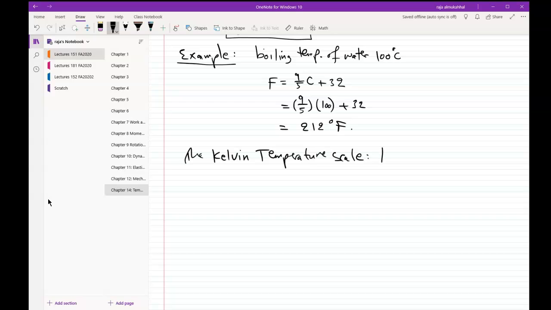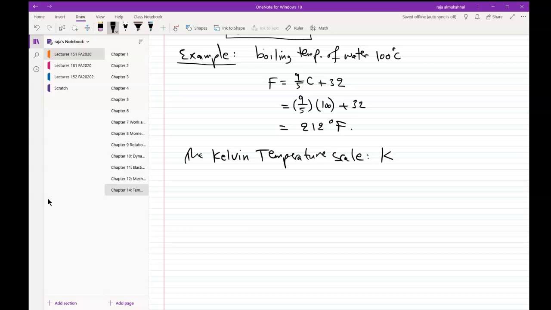It has the symbol K, capital letter K, and you are converting Celsius into Kelvin, okay? Not Fahrenheit into Kelvin. You're always converting Celsius into Kelvin. If you're given a Fahrenheit, the first step is to convert it to Celsius, and then you convert it to Kelvin. There is a direct way to convert Fahrenheit to Kelvin, but that's how you do it.